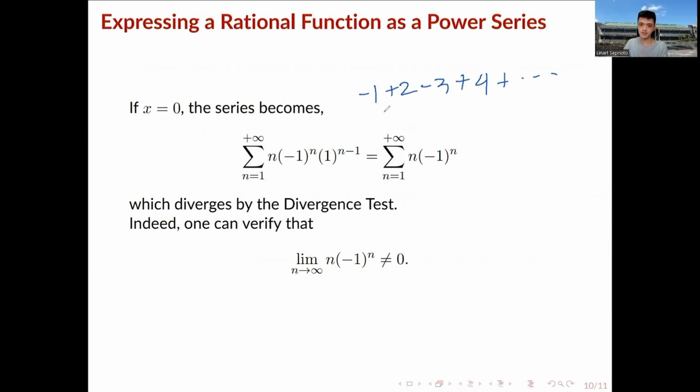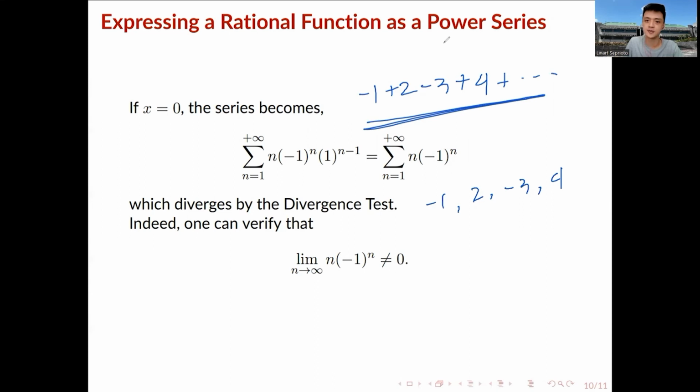Okay? So, for one thing, if you can see yung sequence natin will alternate between -1, +2, -3, and 4. So, hindi siya mag-approach to 0, no? Hindi siya maging 0 as n approaches infinity. And the same thing, no, yung sum niya, if you try to check yung partial sums niya, hindi siya maging convergent.